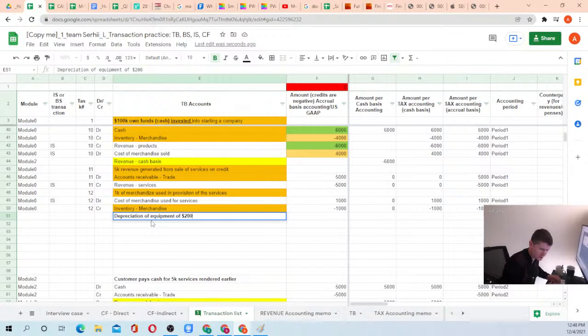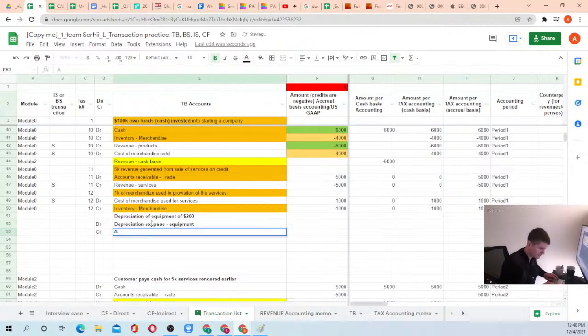We record $200 of depreciation of equipment. Debit, credit. So that's usually debit depreciation expense equipment, credit accumulated depreciation.